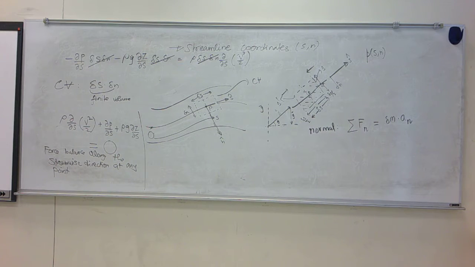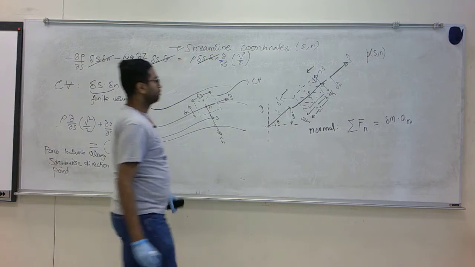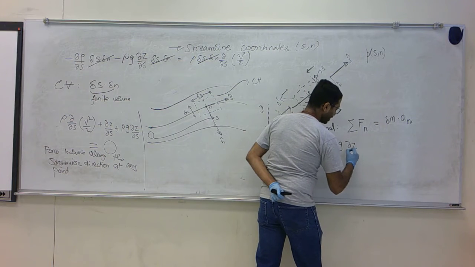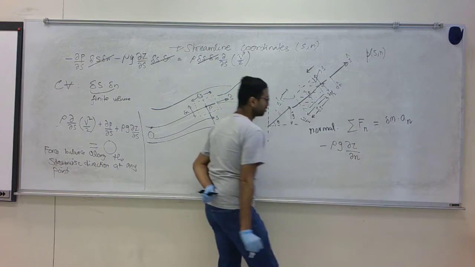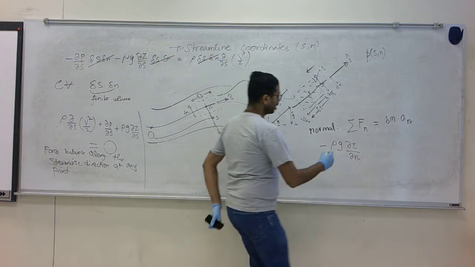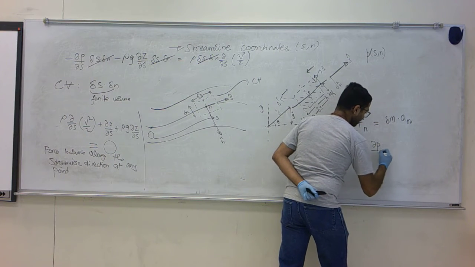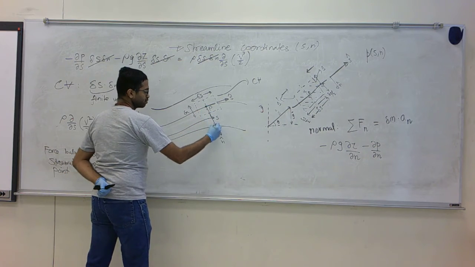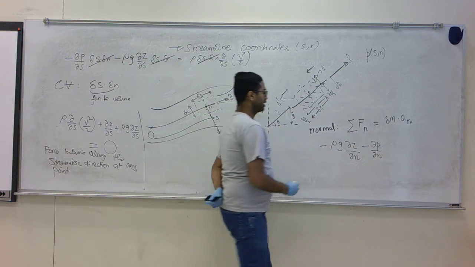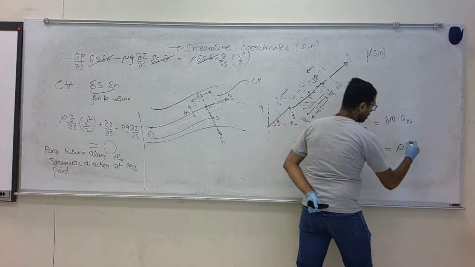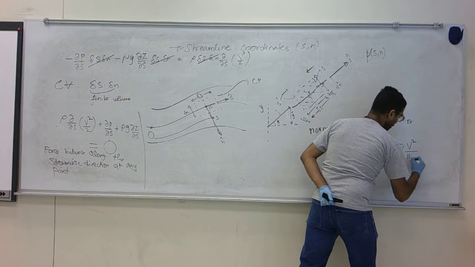Okay, so we have minus rho g times the partial derivative of z with respect to n. That is one part, the force due to gravity, minus the rate of change of pressure with respect to the normal direction. And remember, the normal direction is this. That is equal to rho times v squared over r.